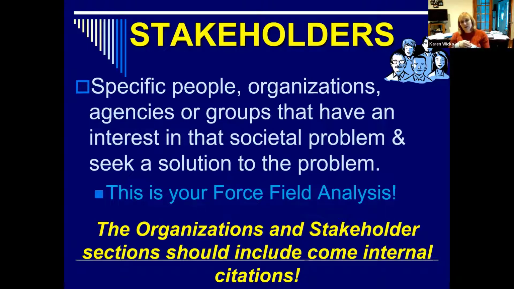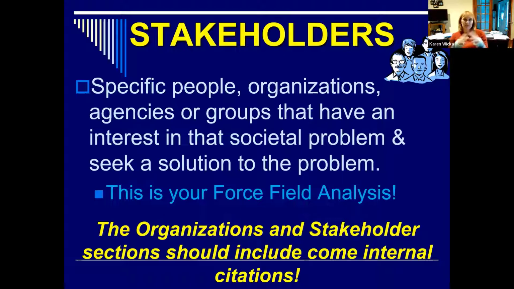This is also where you're going to have to do your force field analysis. So the groups that you identify as stakeholders in favor of the societal issue and changes, what are their arguments? The people that are against, what are their arguments? So this should also have internal citations because you're going to have to identify them and identify their arguments for and against.